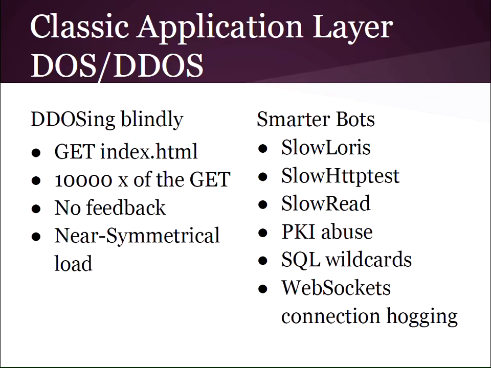Some more advanced guys do that from thousands or 10,000 bots simultaneously. The cons of this method are there is no feedback, and the load on a client and server is near similar, so it's a near symmetrical load.